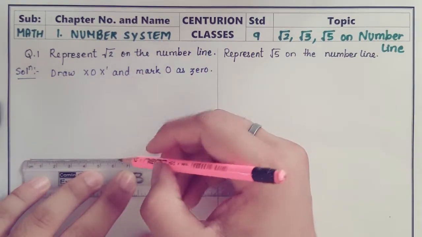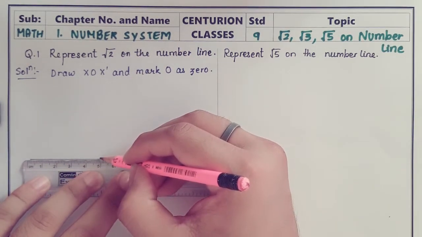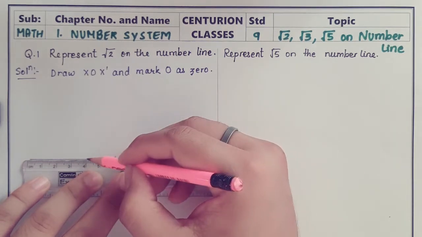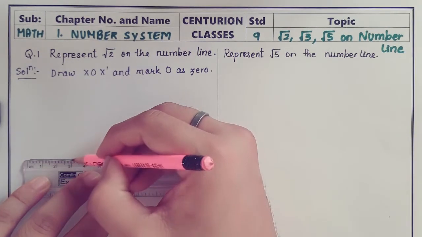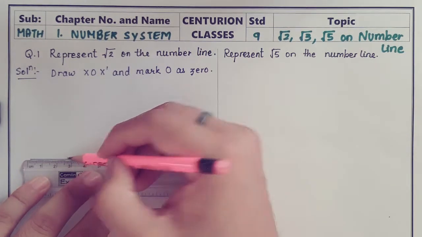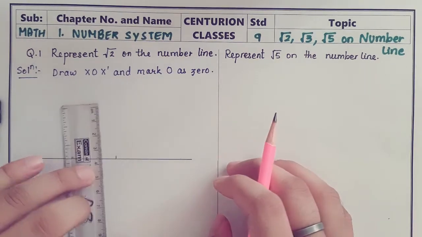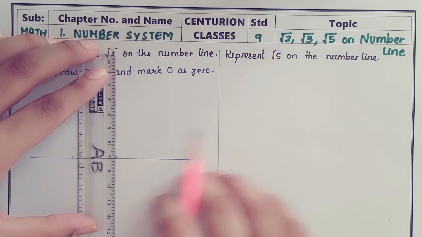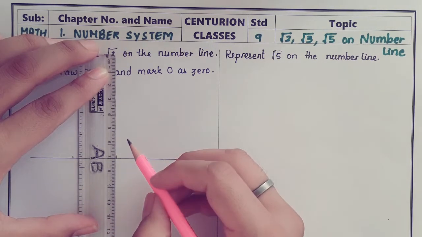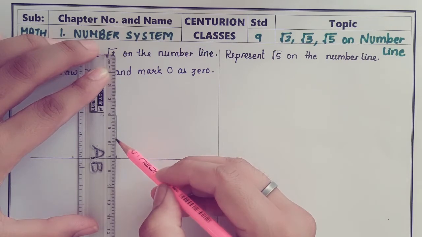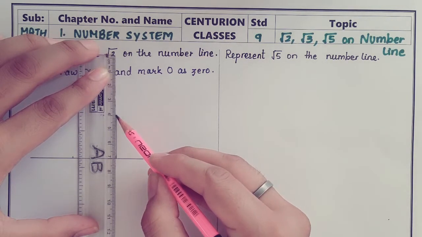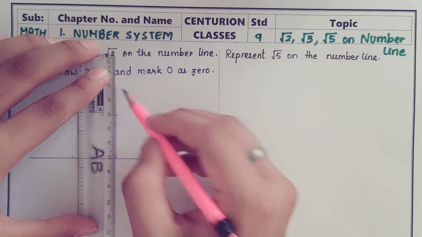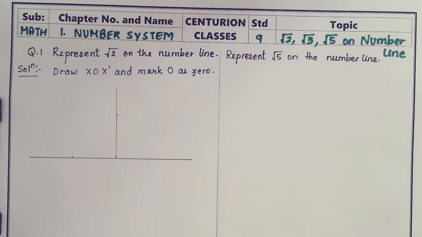If this is my 0, then 1, 2, 3, this point. Similarly, I have to draw one perpendicular also, and here also I am going to take 1 unit. Remember, 1 unit means 3 centimeter. So this is 1 centimeter, 2 centimeter, and then 3 centimeter. I'll put a mark over here and extend the line. Understood? This will be your first step.